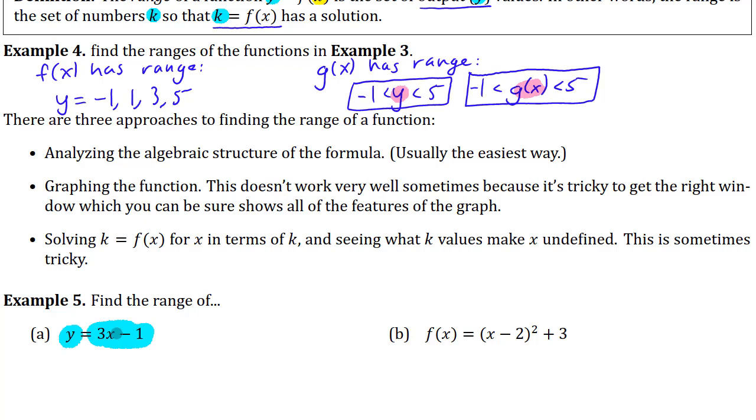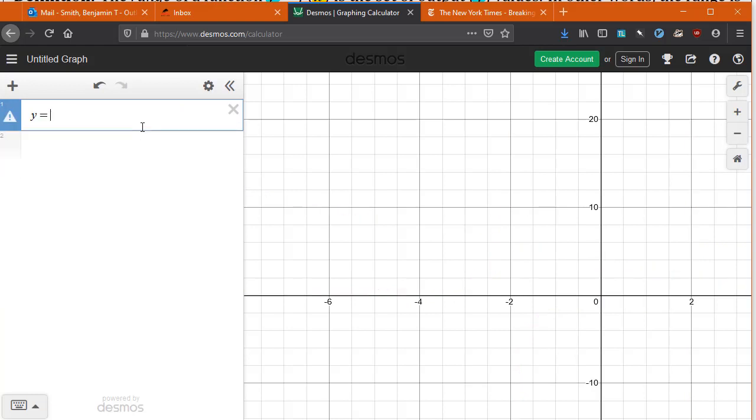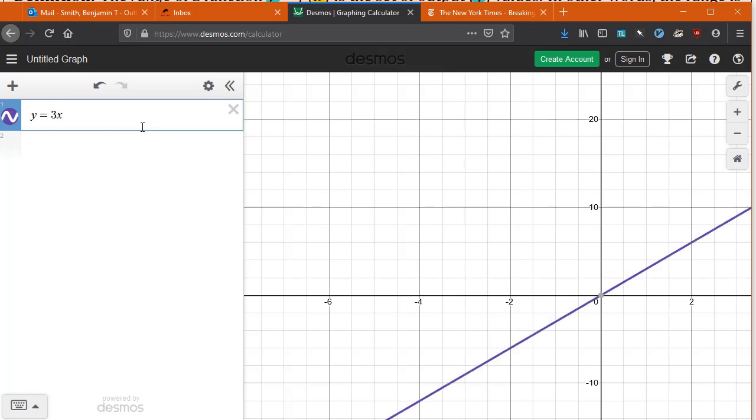But really, you could get any real number as the result of doing 3 times a number minus 1. So the range is all real numbers. Looking at this over here, it's y equals 3x minus 1.